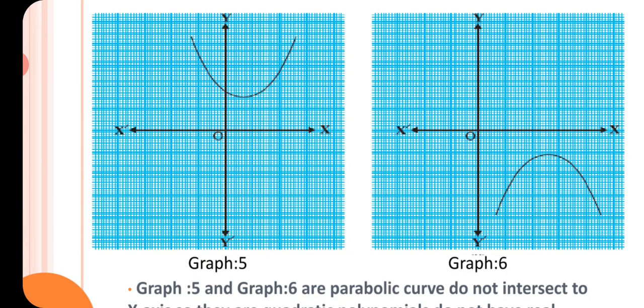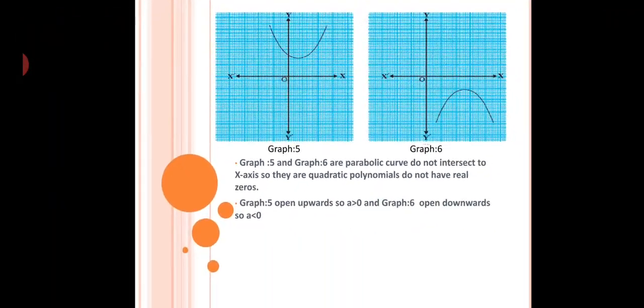So obviously it is a graph of a quadratic polynomial, but it does not intersect the x-axis. So we can say that graph 5 and graph 6 do not have any real zeros.